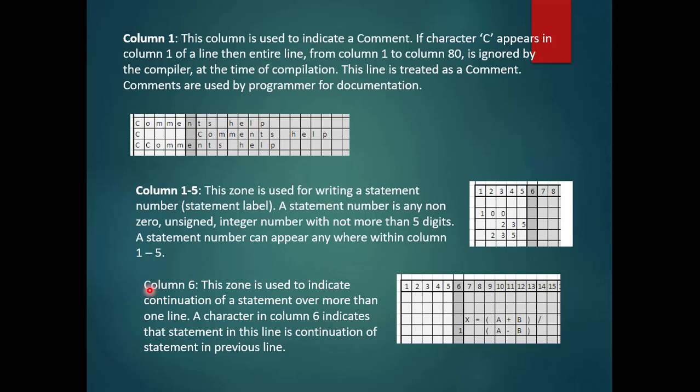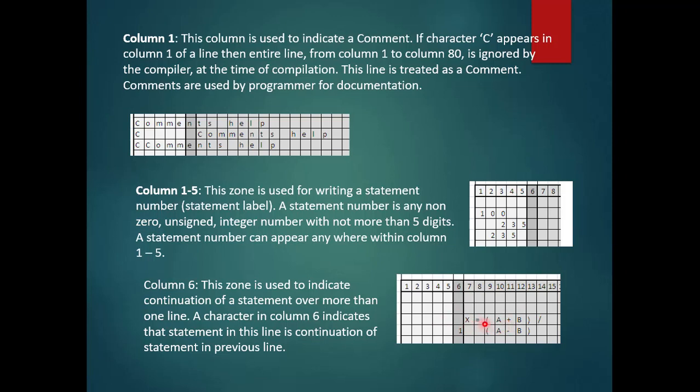Once we write it, what does that mean? Suppose this is the first line where we have written a formula x equals a plus b, and slash, divided by, and we have written 1 in column number 6. It means that this is the continuation of the previous line.